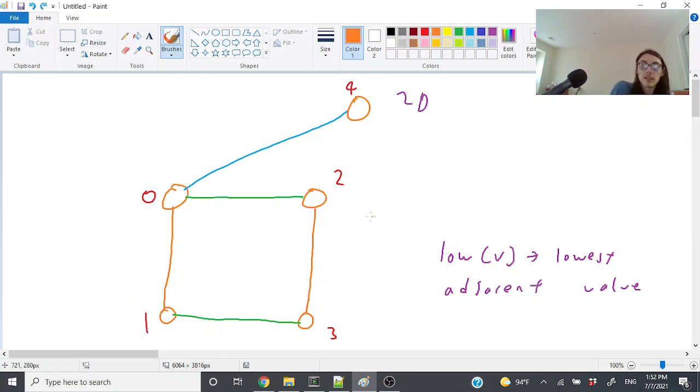For example, this vertex that's adjacent to 1 but not to 0 would have a low value of 1, because it's the minimum value of all of its adjacent nodes. Except we have to specifically use the indices in the non-permuted hypercube. We're saying this is vertex 0 in our hypercube, this is vertex 1. It's not the indices themselves, it's the values of the hypercube we're constructing. So it's the unpermuted hypercube.